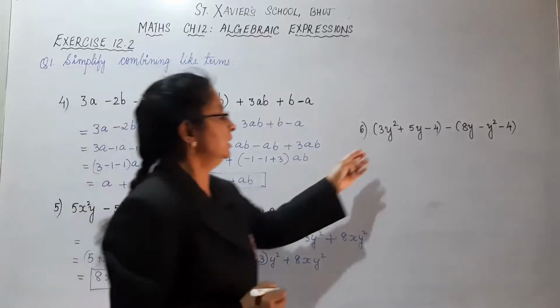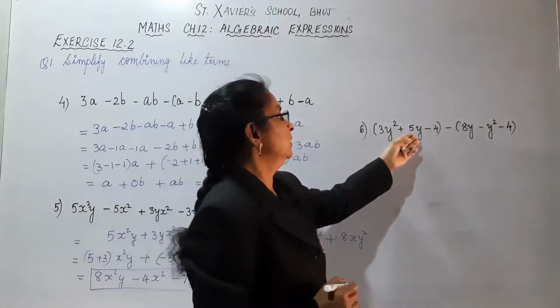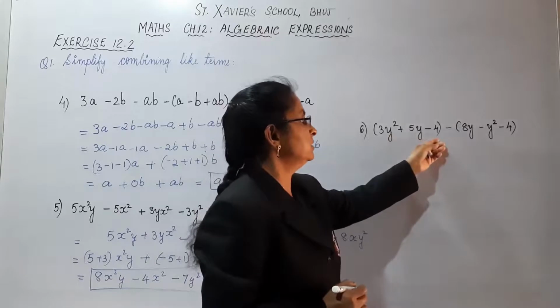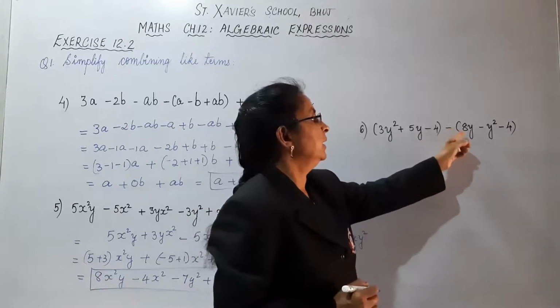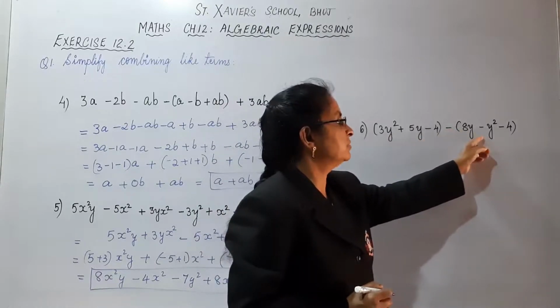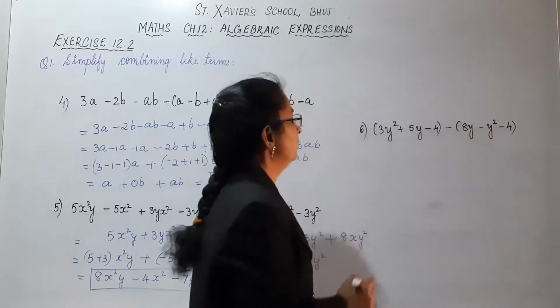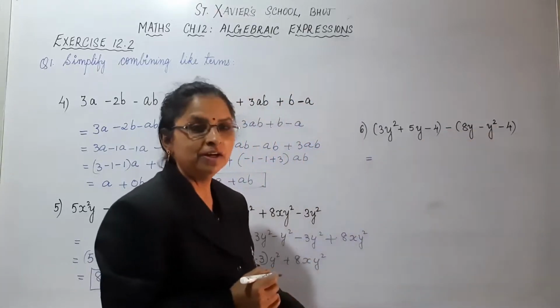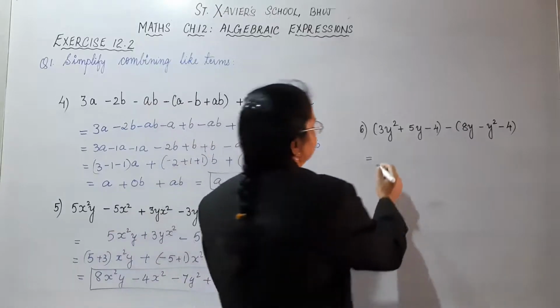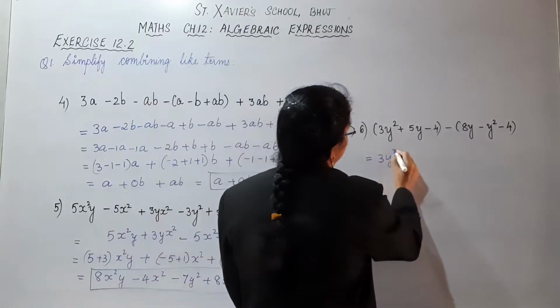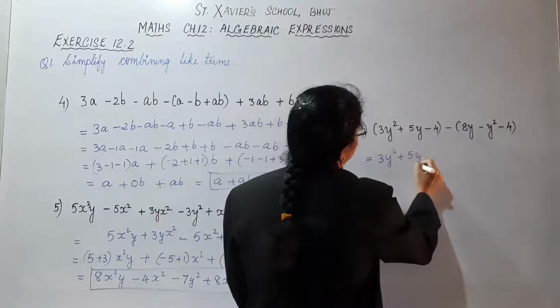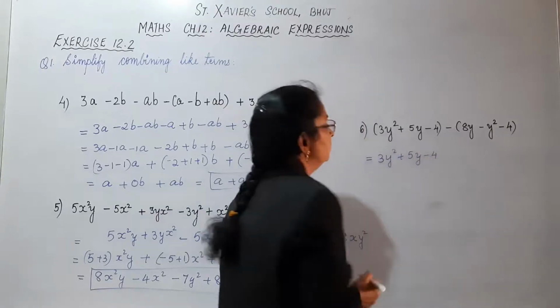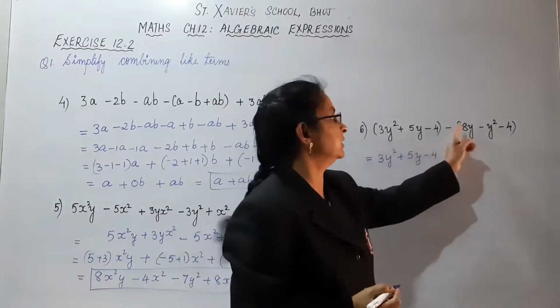And the last question: 3y square plus 5y minus 4, minus (8y minus y square minus 4). Now all of you say, first step is to open the bracket. 3y square plus 5y minus 4. Now before opening the second bracket, check the sign.